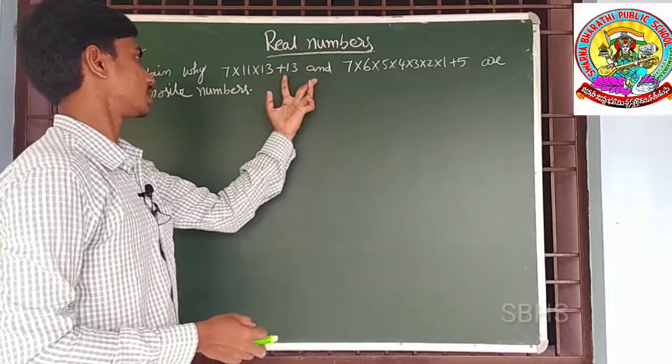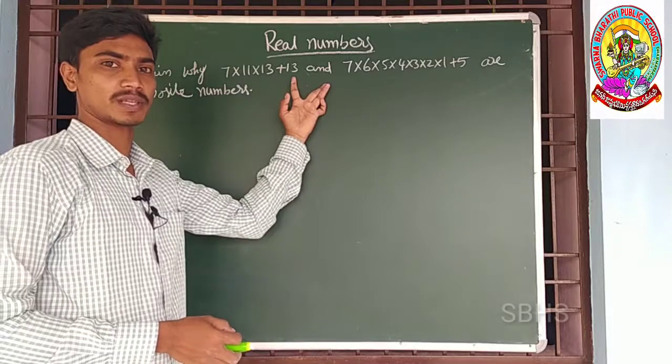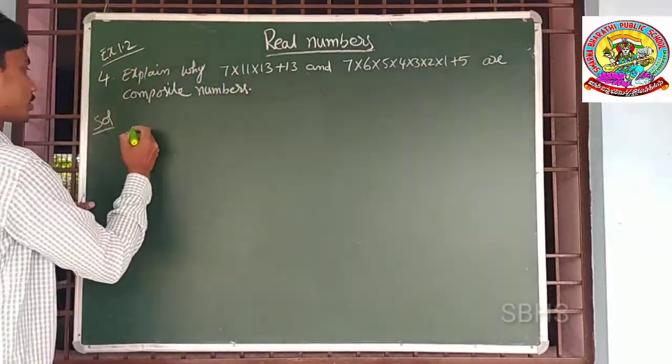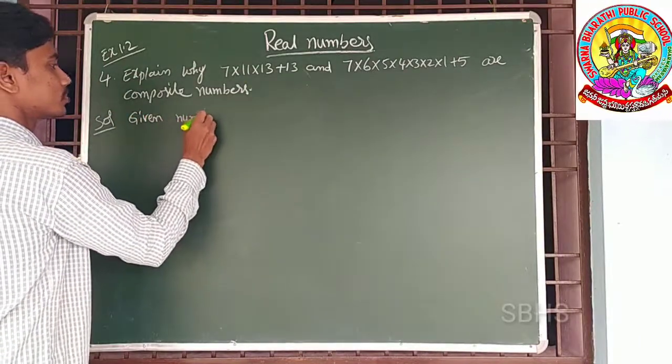So he is saying these two are composite numbers, which means it is possible to express them as a product of two numbers.